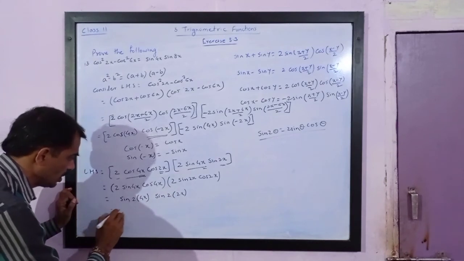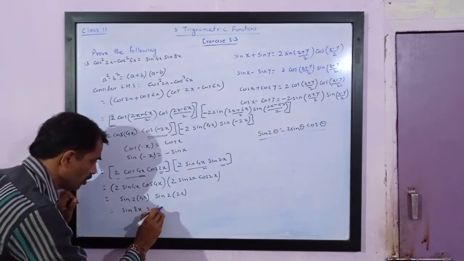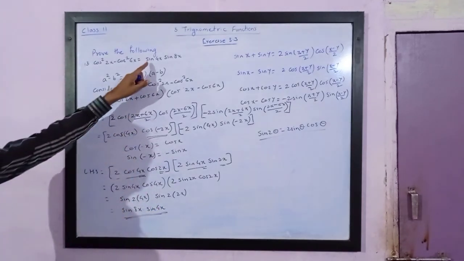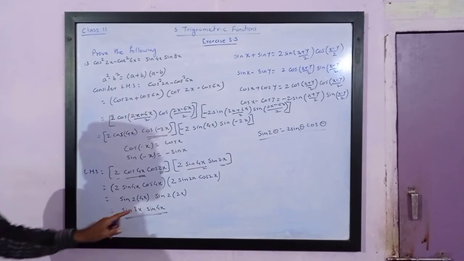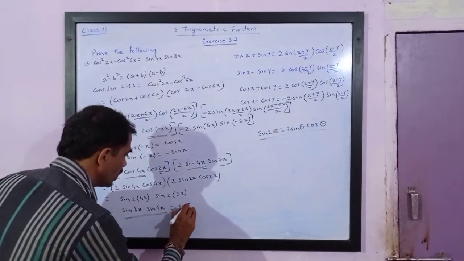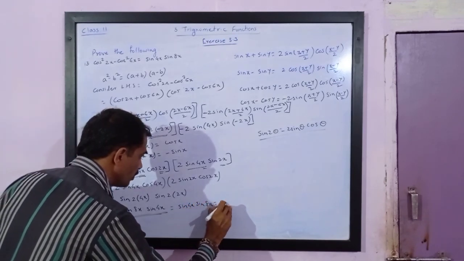So this is equal to sine 8x into sine of 4x. We have got the same: first term into second term is equal to second term into first term. It means this is equal to sine 4x into sine of 8x, that is equal to RHS.